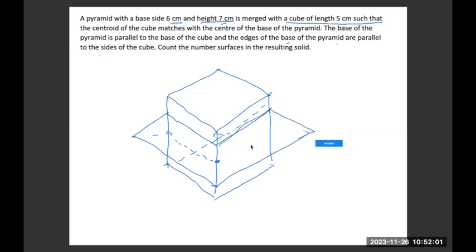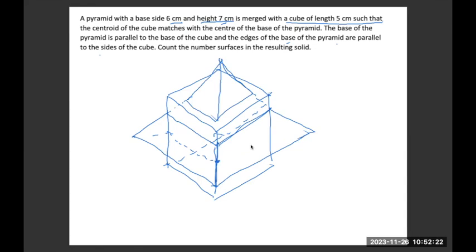Should be something like this. This is how the position should be.